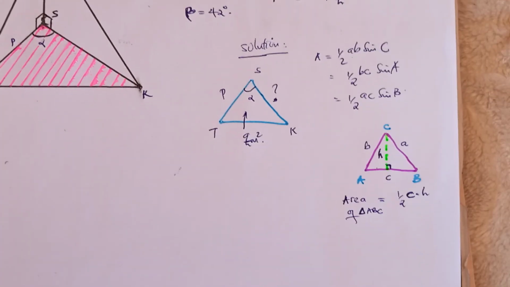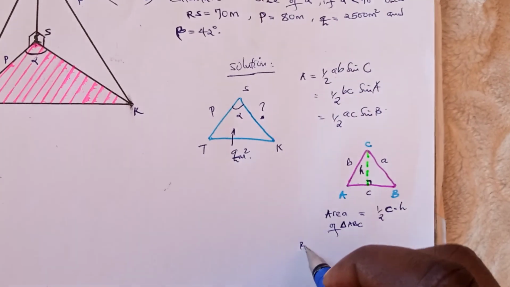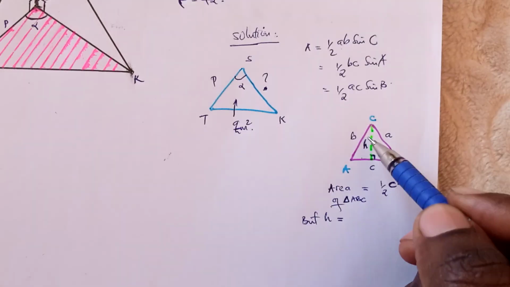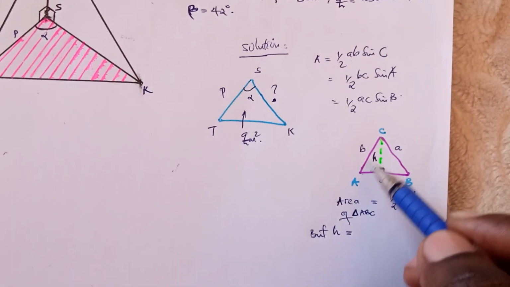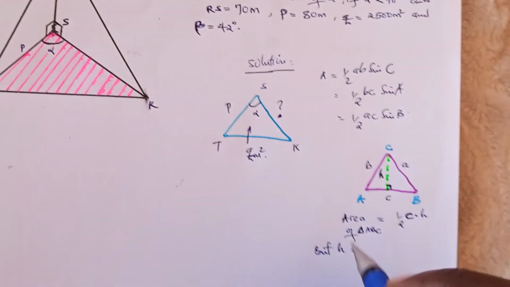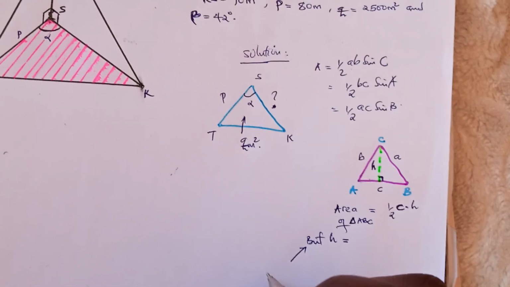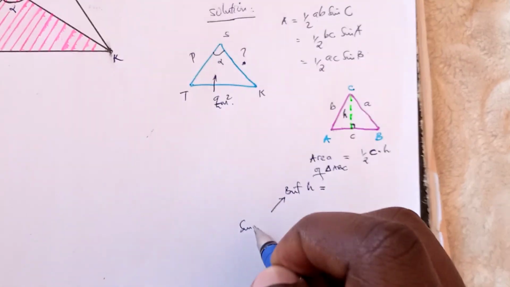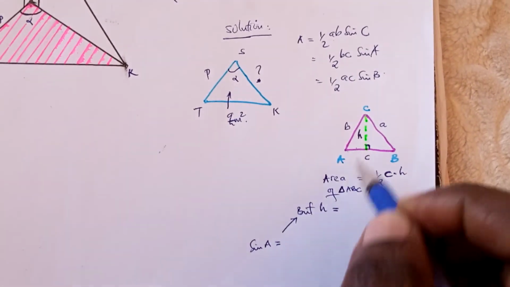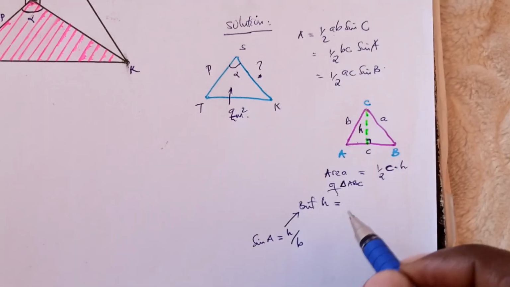But what is h? H can be found in two different ways. Looking at this triangle, we know that sine of angle A is equal to opposite over hypotenuse.